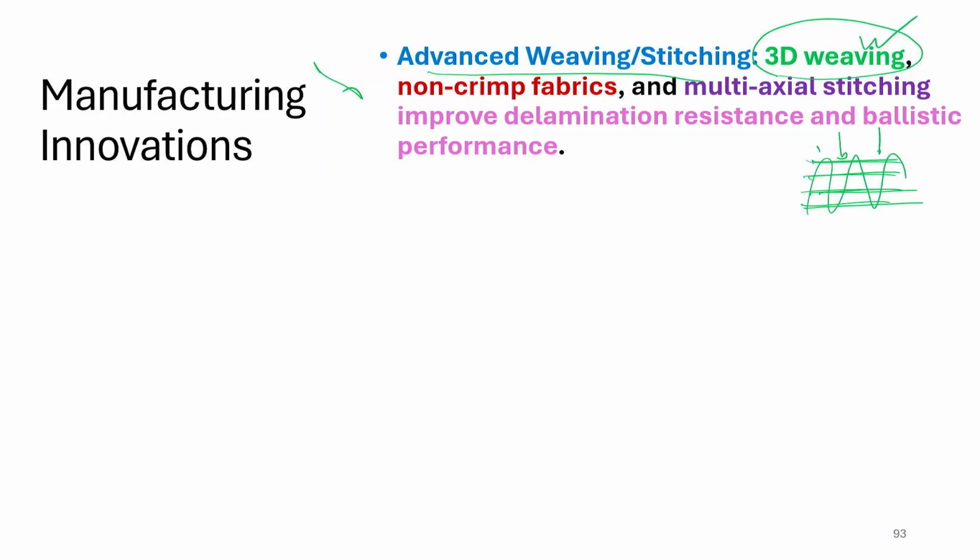Also, one problem with normal weaving is that the yarns are crimped. When a load impact comes, the crimps get stretched, and that increases the deformation without absorbing that level of energy.